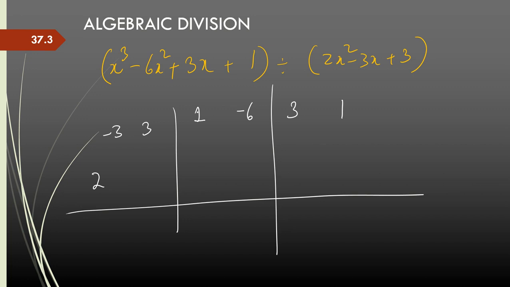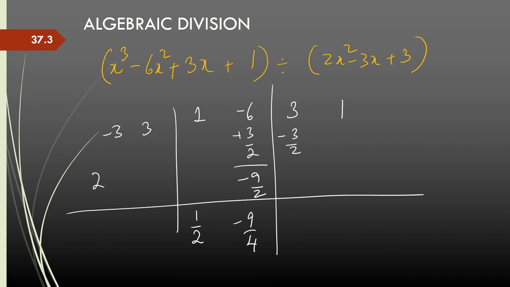I start dividing. 1 by 2 is the first term. Then the adjustment is minus 3 into 1 by 2, that is minus 3 by 2, and the other adjustment is plus 3 by 2. So this becomes minus 6 plus 3 by 2, which is minus 9 by 2. Minus 9 by 2 divided by 2 gives us minus 9 by 4.